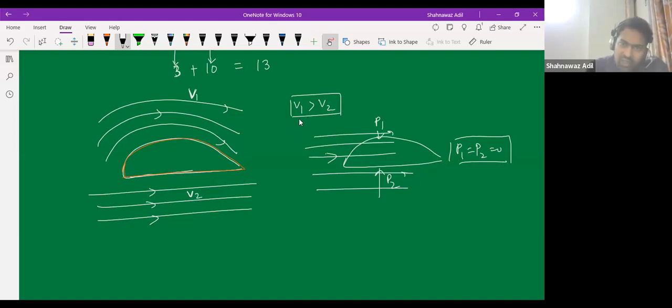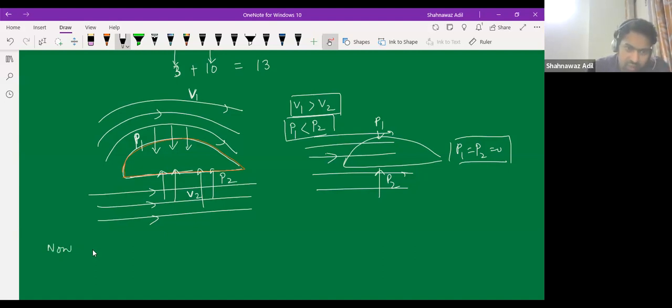So if V1 is larger than V2, then pressure P1 would be smaller than P2. This pressure is P1, and this pressure is P2. So P2 is greater than P1. What will happen to this thing?